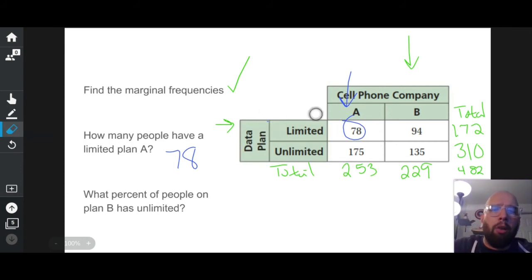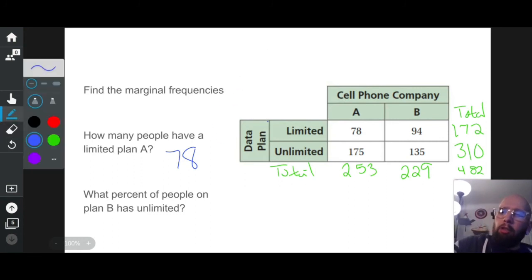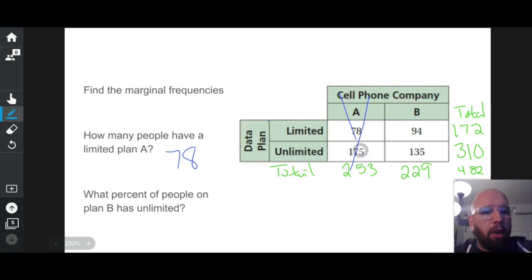Let's clean all this up because I have a feeling the next problem, saying percent, is going to be wacky pants. The next question says, what percent of people on plan B? So now I don't even care about the plan A kids. Remember, percent is part out of a whole, and in this case the whole group I care about is 229.